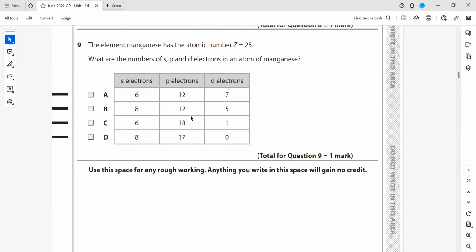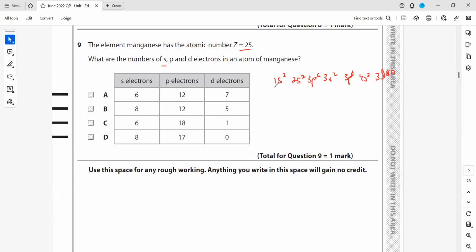In question 9, the element manganese has an atomic number 25. What are the numbers of s, p, and d electrons in an atom? So when you write the electronic configuration: 1s2, 2s2, 2p6, 3s2, 3p6, 4s2, that makes 20, and then 3d5. So how many total s electrons are there?